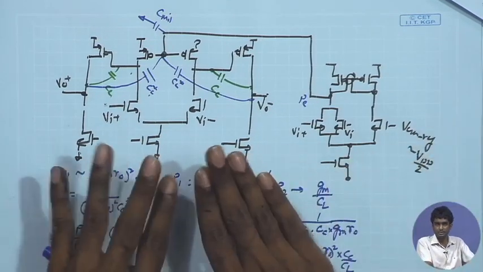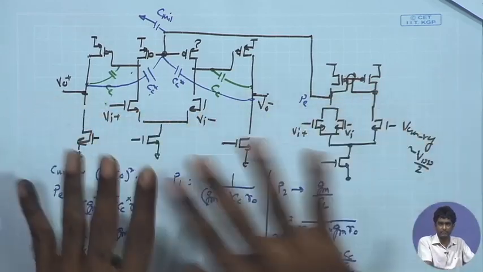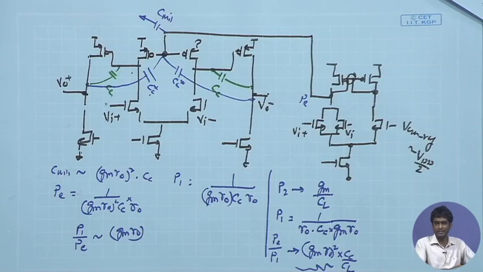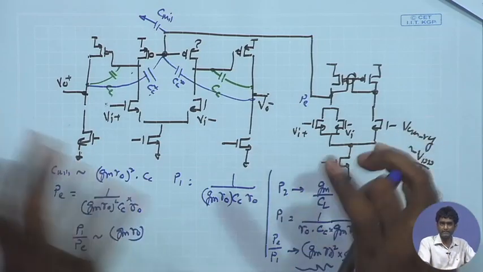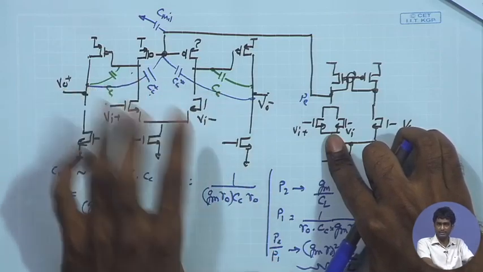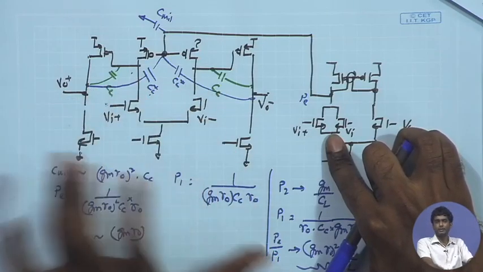So just designing this front-end amplifier has so many trade-offs. So far we have not given you a transistor level design example where you can at least estimate the values of CC and the transistor sizes W by L, etc., given higher level specs.